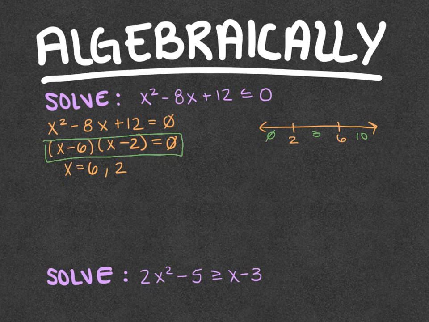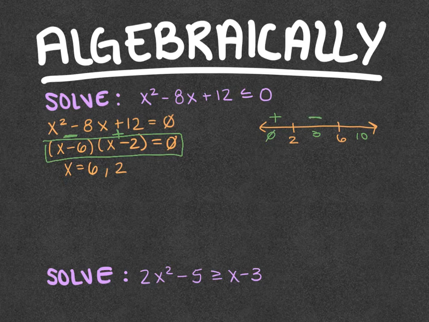If I plug in 0, I'm going to get a negative number here and a negative number here. Negative times negative is a positive overall. If I plug in 3, I'm going to get a negative in the first one and a positive in the second one. Negative times positive is negative.